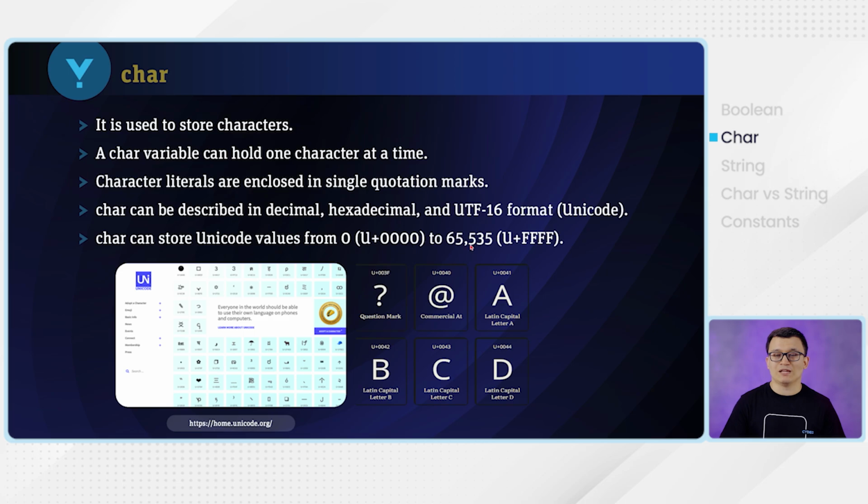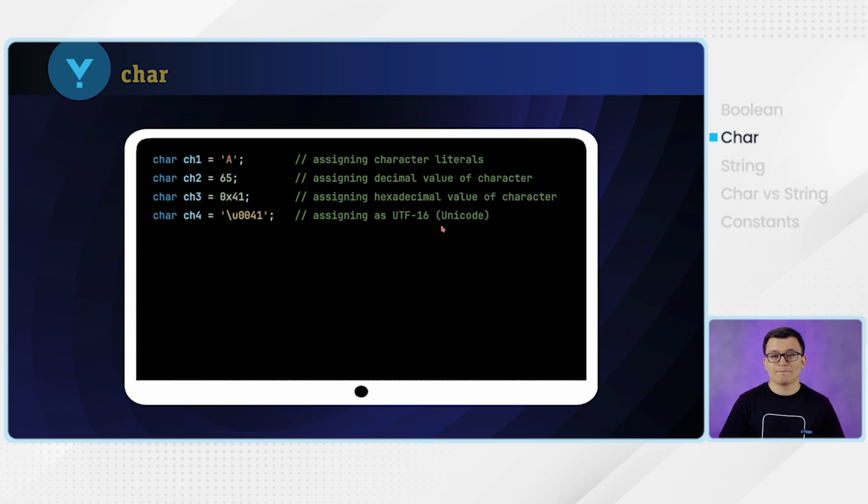Meaning that there are this many characters that this char data type supports. Okay, here is an example. If you look at here, we have created 4 char variables and we store this uppercase A, okay, which will give us the character uppercase A. And we can also get the character uppercase A by using its decimal number, which is 65.